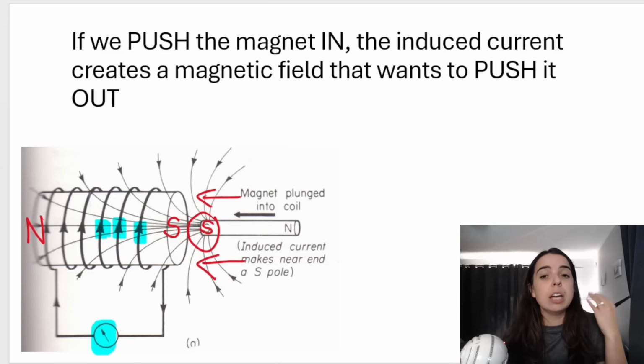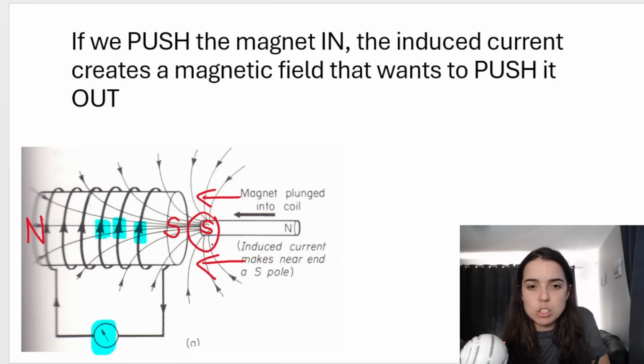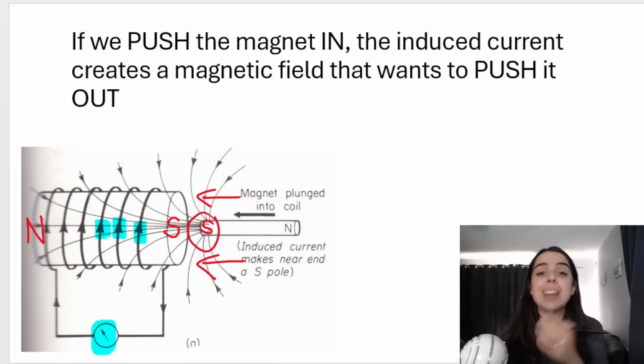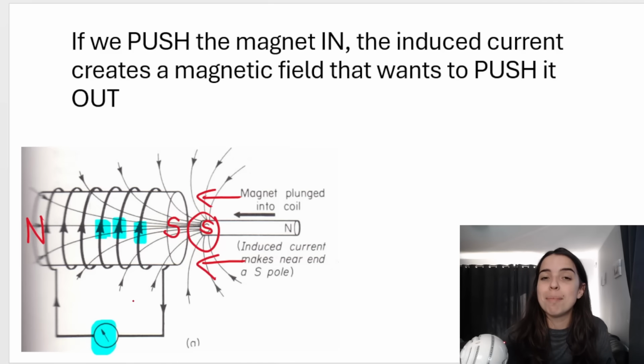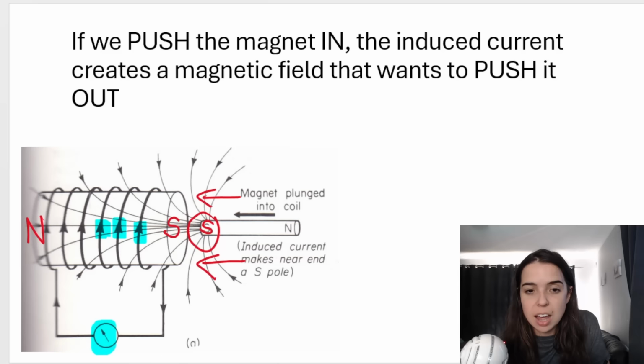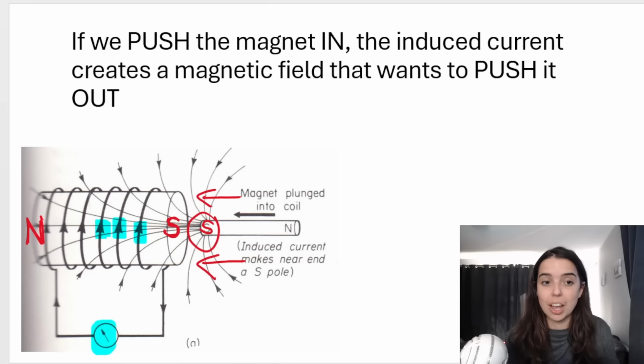Remember, the induced current creates a magnetic field that wants to do the opposite. So it wants to push this south pole out. The only way you're going to repel a south pole is with another south pole. So the induced magnetic field will have a south pole on the right-hand side of the solenoid and a north pole on the left side of the solenoid. I hope that makes sense. Let's look at another scenario.